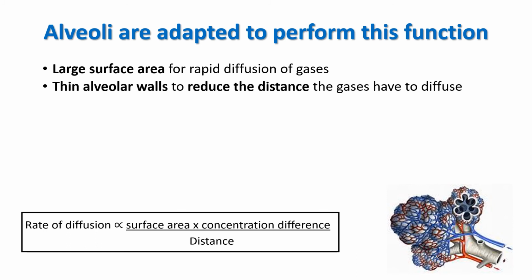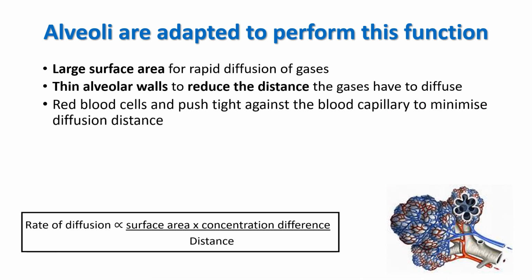And because the cells are one cell thick, the gases have a very short distance to travel to get from one place to another. The red blood cells inside the capillaries are pushed tight up against the blood capillaries. Again, that also helps reduce the distance because capillaries are only one cell thick. So we've got the smallest distance possible for the gases to have to travel across during diffusion.